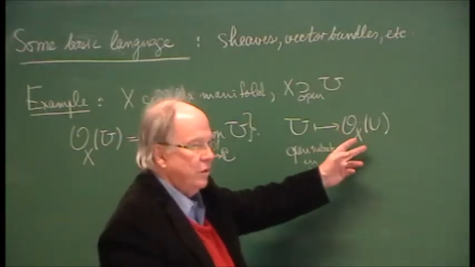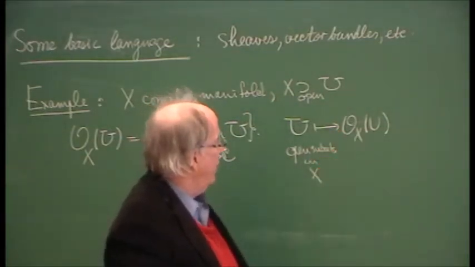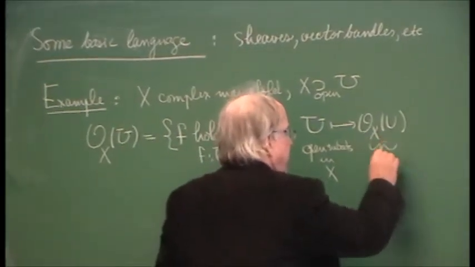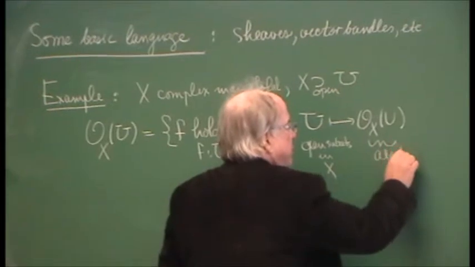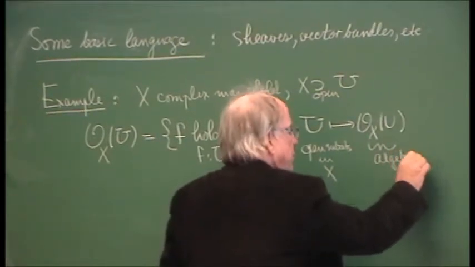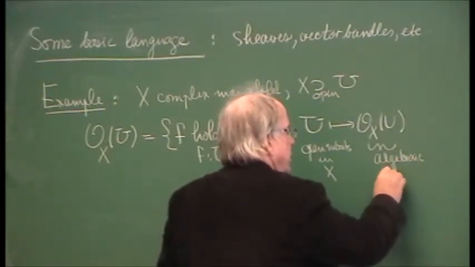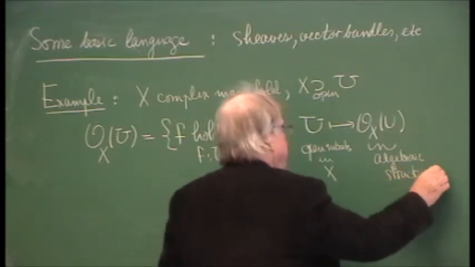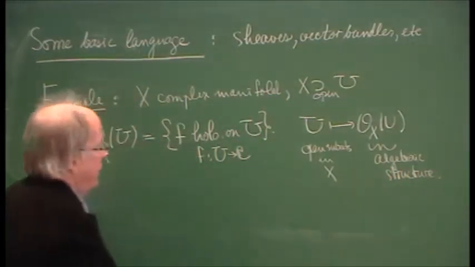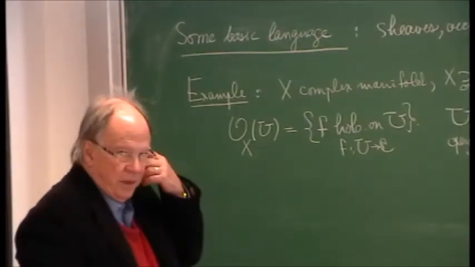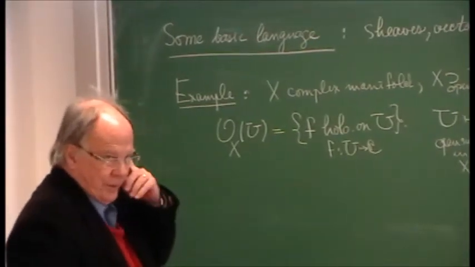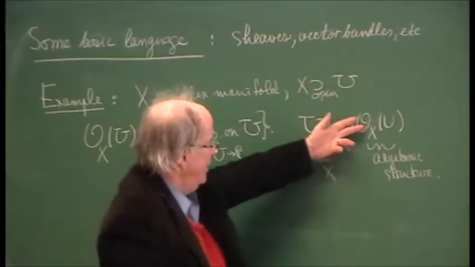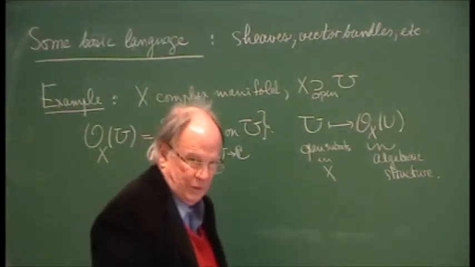And in fact, it's an abelian group, and it's an algebra and so on. So to some algebraic structure. Usually just a group is required. And it should be compatible with the operations on sets and the operations here.